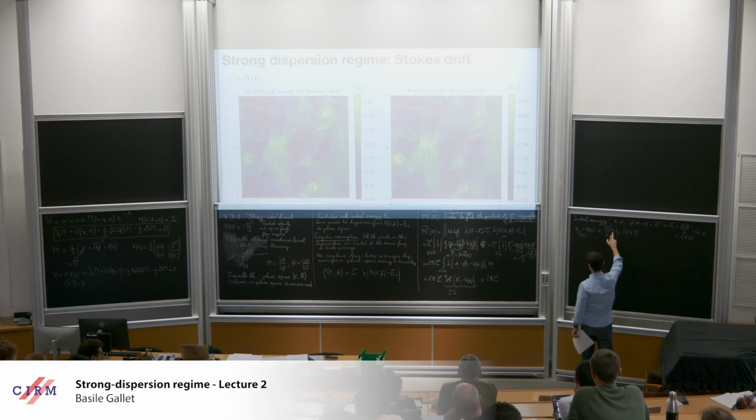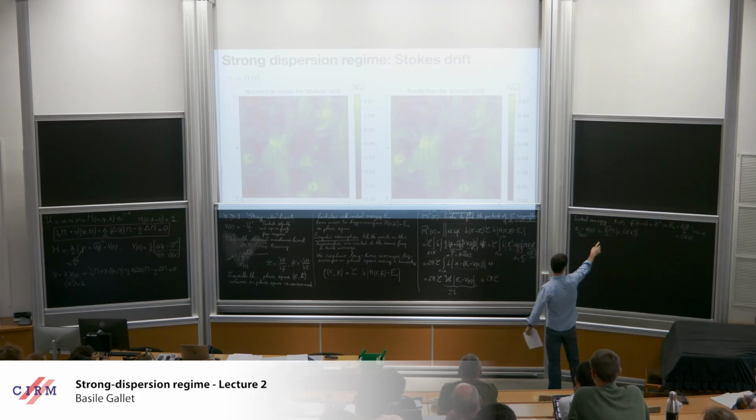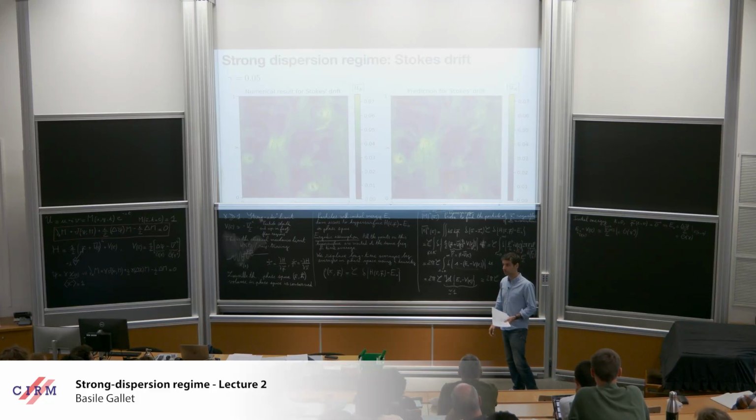Now, if U squared is 0, then we have to refine this argument, and there are regions where you will have depletions of particles, where U squared is exactly 0, or very close to 0.